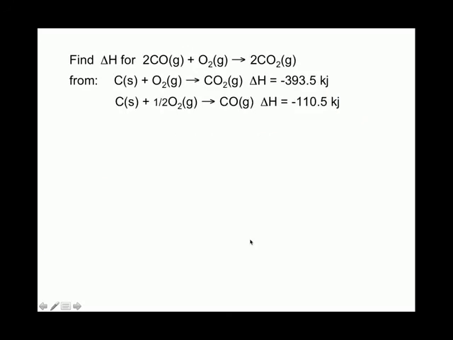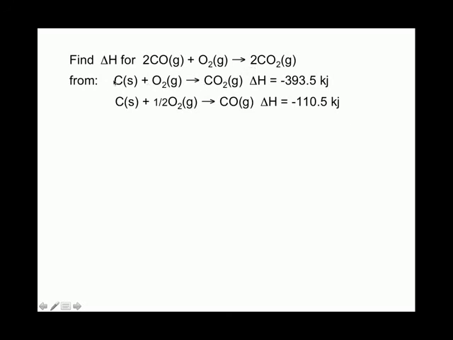Let's try another one. Now I want to find delta H for this equation up here by using these two. So I'm going to follow that same process. First of all, you notice that I have CO2 on the right, and this is the only equation with CO2 in it. You notice that there are two of them, and there's only one in this equation.